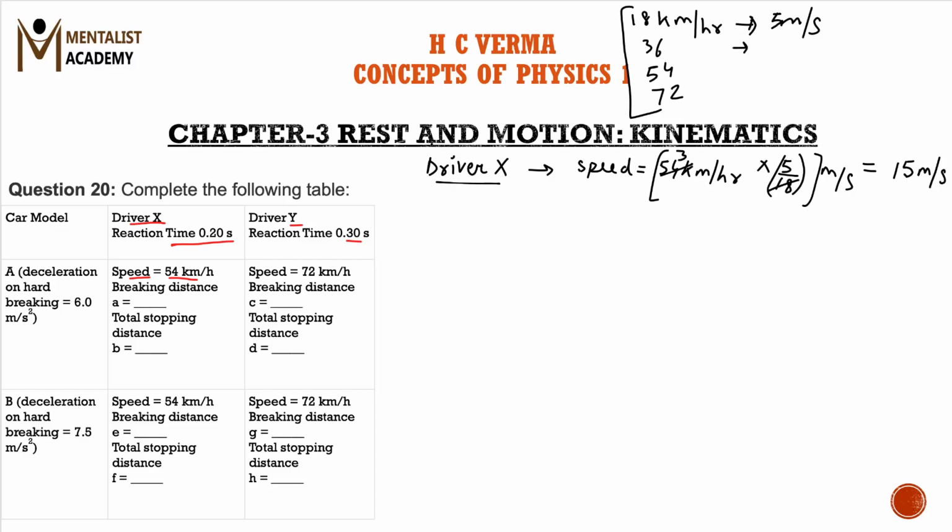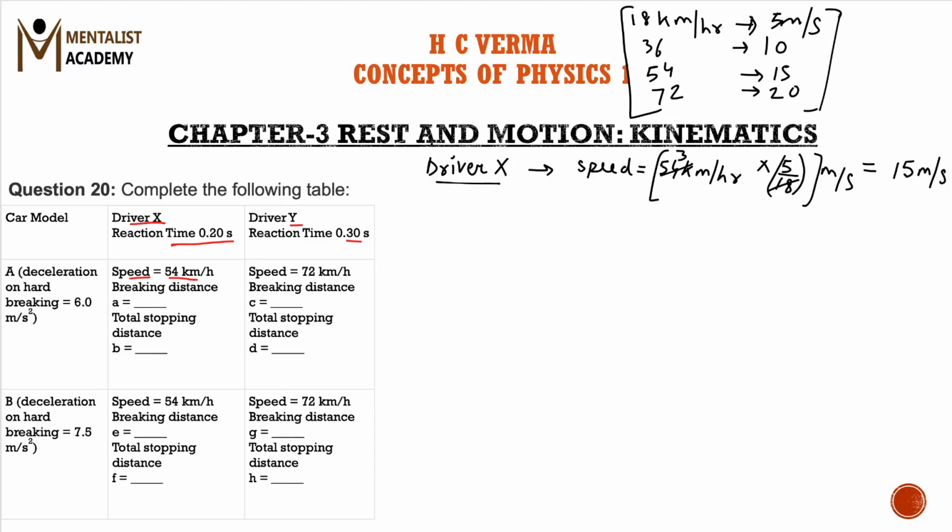So this will be 10, this is 15, this is 20, and so on. That's how you can directly calculate the speeds in meter per second, and you don't need to waste time multiplying by a factor of 5 by 18. So the speed is 15 meter per second.